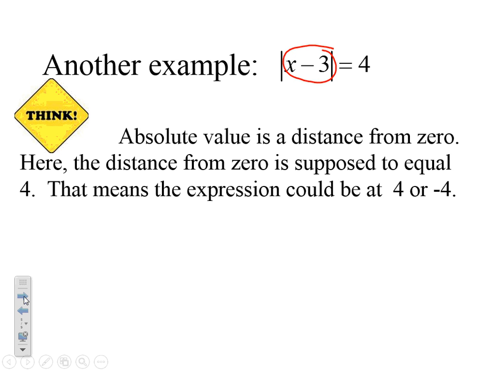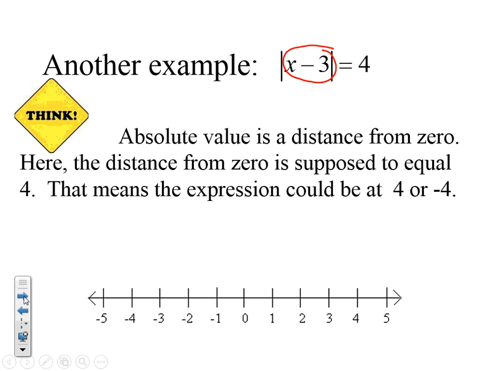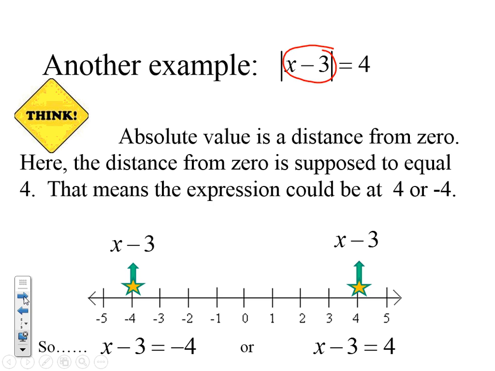So this expression, x minus 3, could be at either -4 or +4, since both of those have a distance of 4 away from 0. So we're going to get two solutions again.